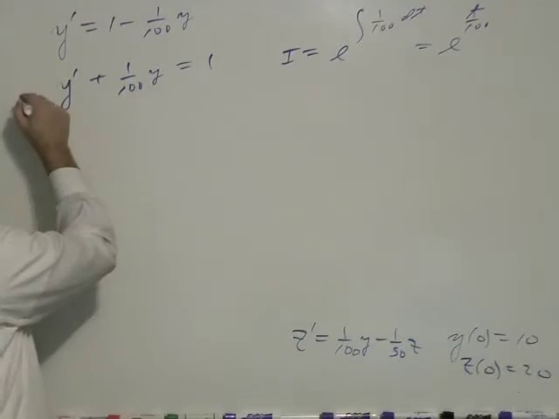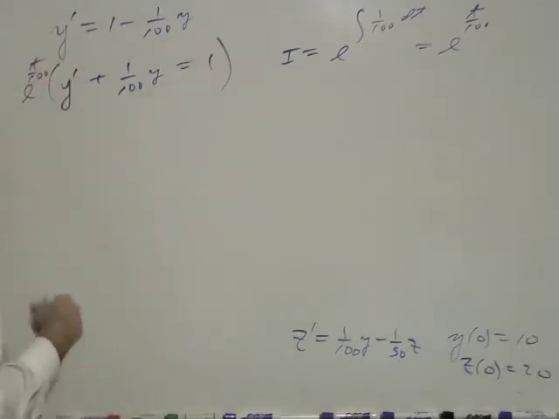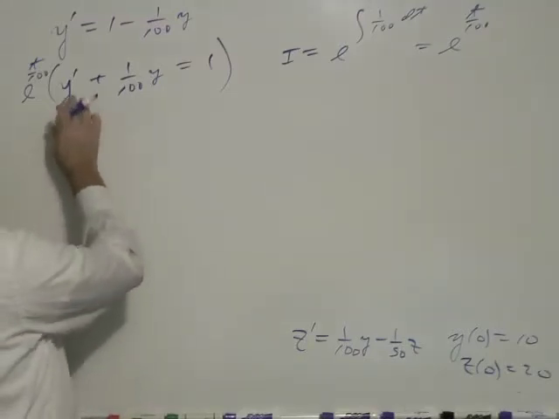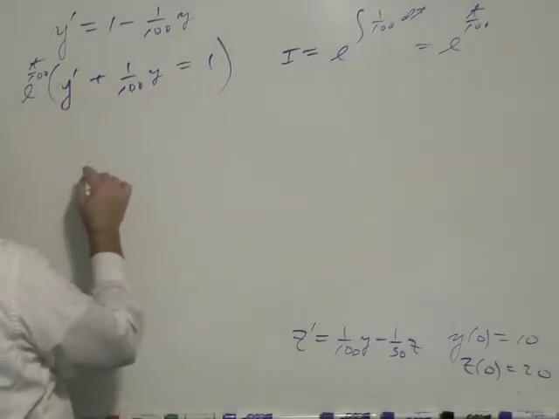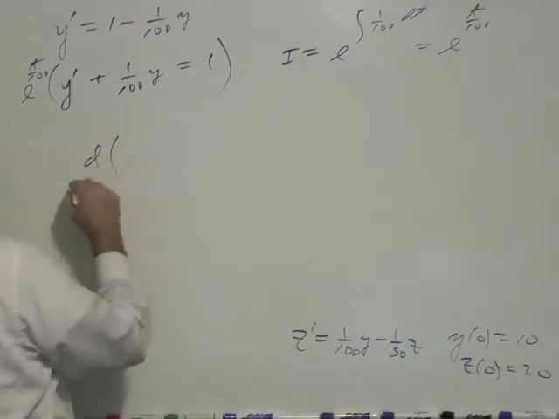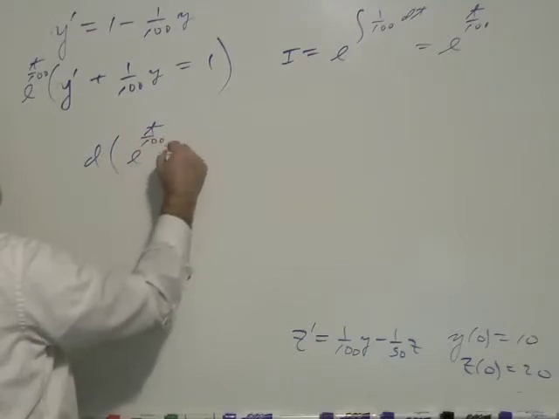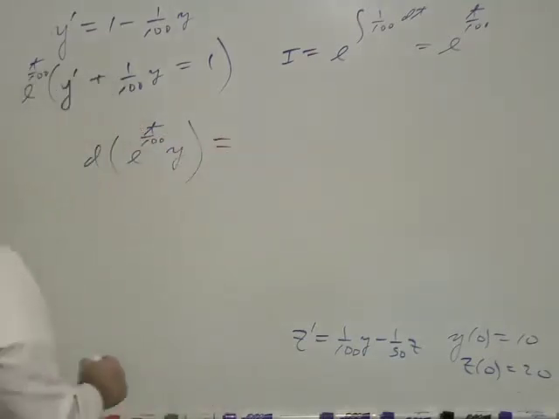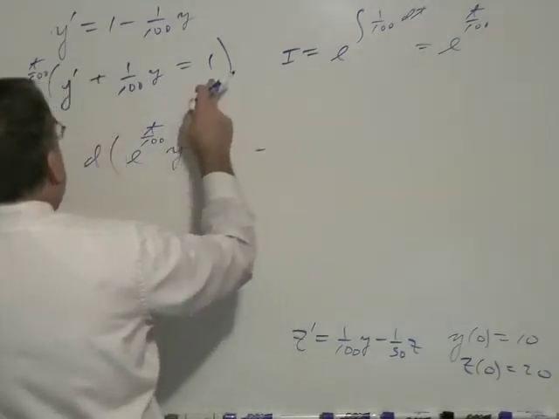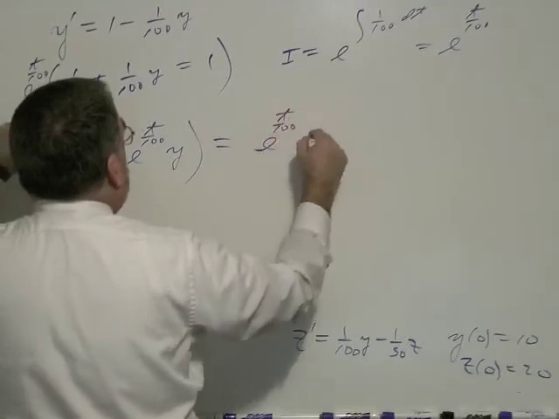So I'm going to multiply by e to the t over 100. And we've done this sort of thing before. We know what happens on the left side when we also multiply by dt in this case: we end up with the differential of the integrating factor times our variable equals this product, e to the t over 100 times 1 dt.